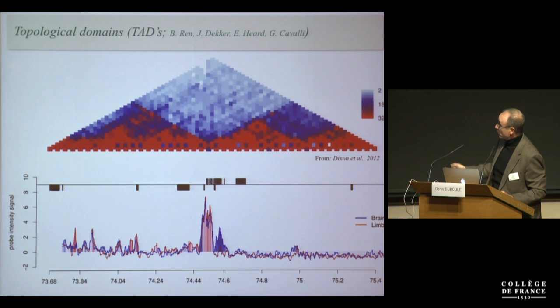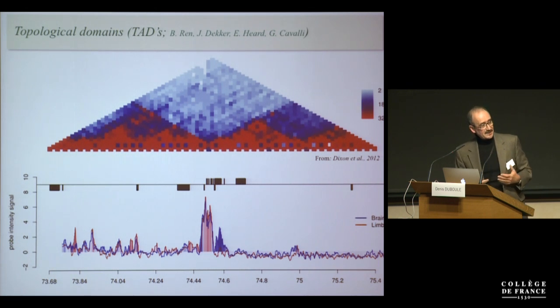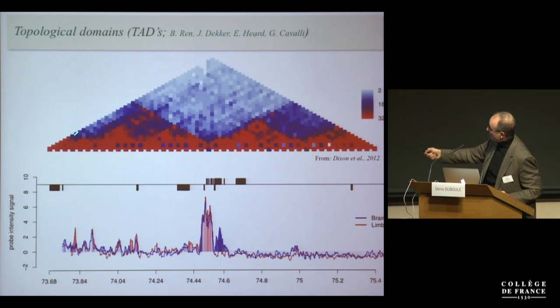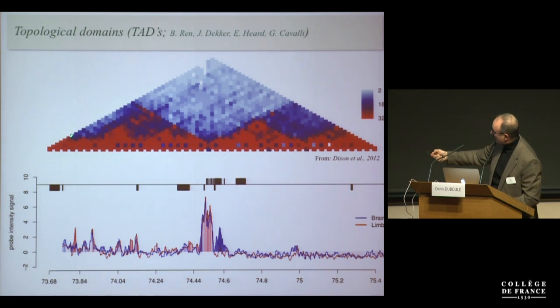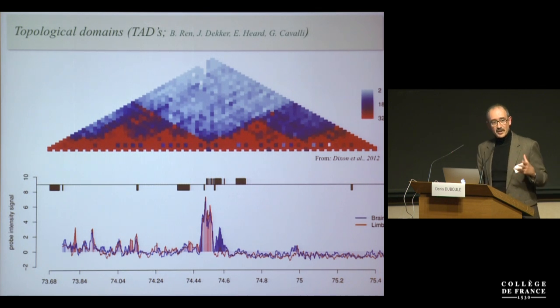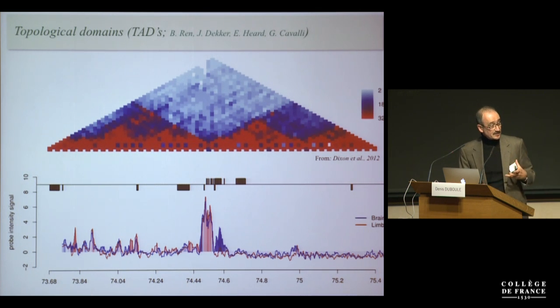By looking at this interaction at a genome-wide level, they reported that the chromatin was organized into subdomains about 1 megabase large, where enhancer-promoter or enhancer or constitutive contacts were very much privileged. And this is what you see with these heat maps here. That means there are a lot of contacts there, a lot of contacts there, and there are few contacts in between these 2 so-called topologically associating domains, or TADs.